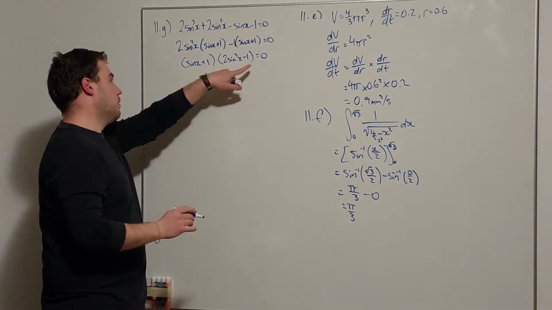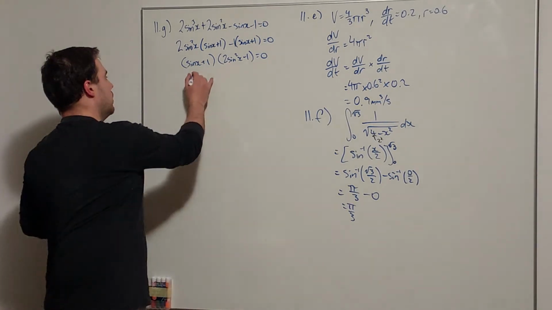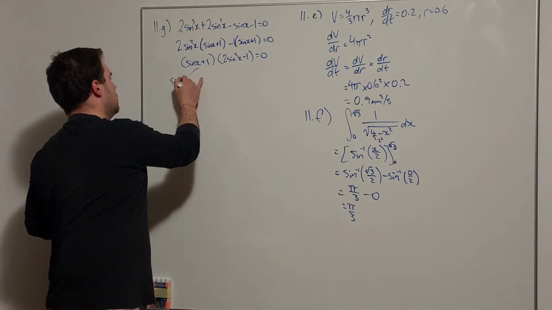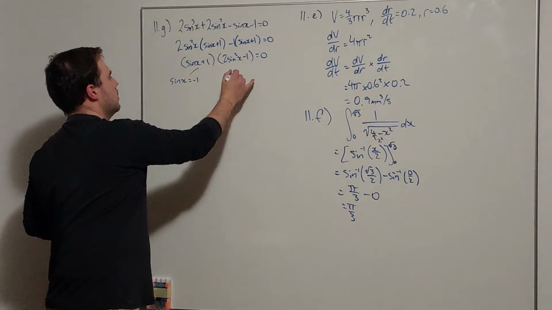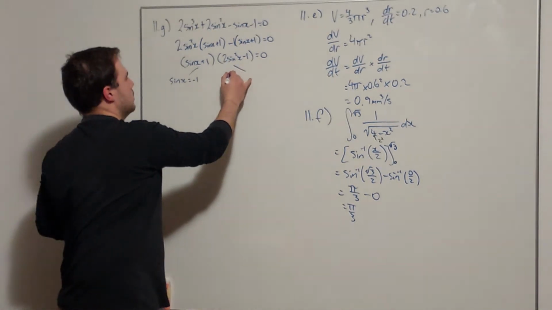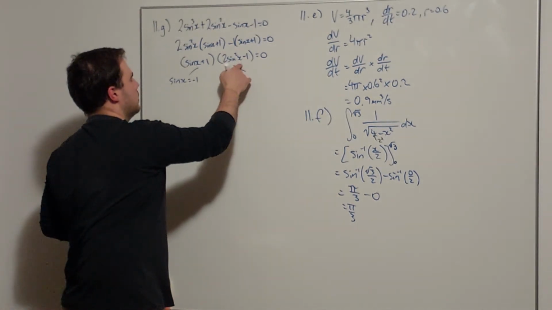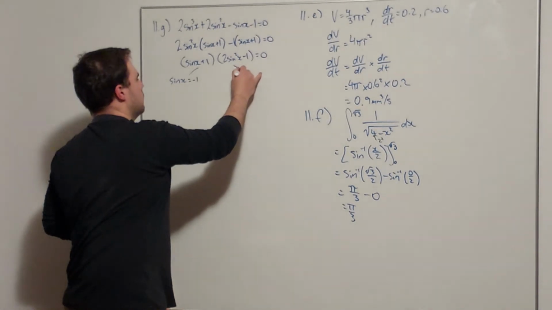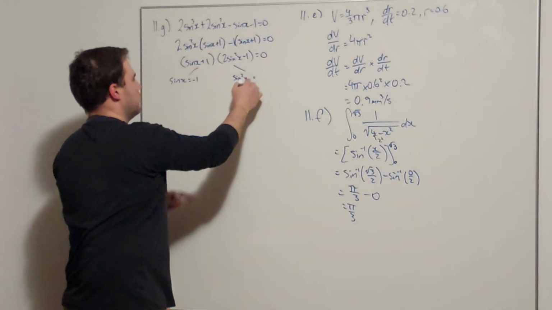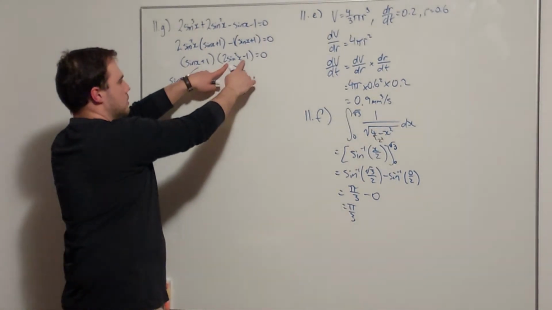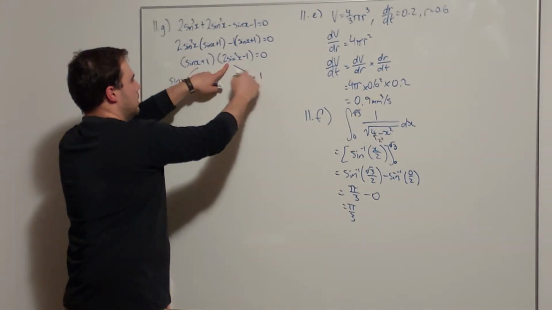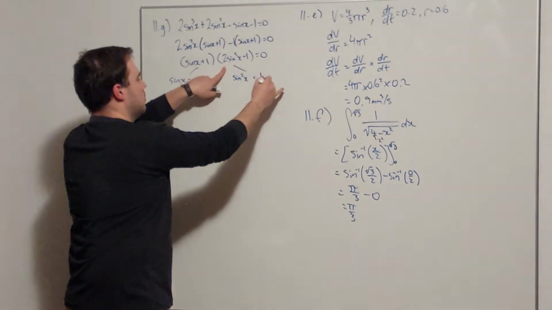And then by null factor, something times something equals 0, either sine x can be -1 or, here we've got 2 sine squared x minus 1.